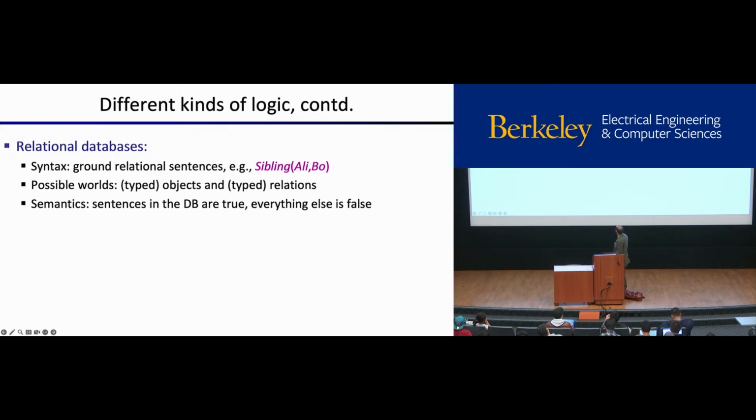And then a possible world is certain objects existing, having certain relationships. And the semantics, the way you understand what the database means, is that if the sentence is in the database, it's true, and if it's not in the database, it's false. So if sibling Ali and Charlie is not in the database, then the way we're supposed to interpret that is that they are not siblings.